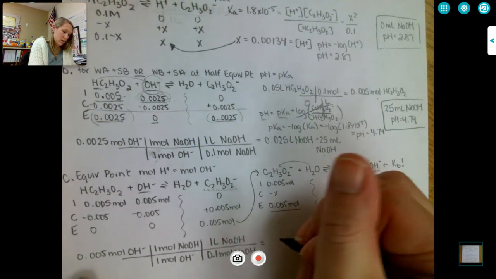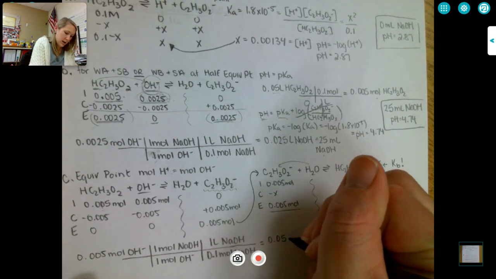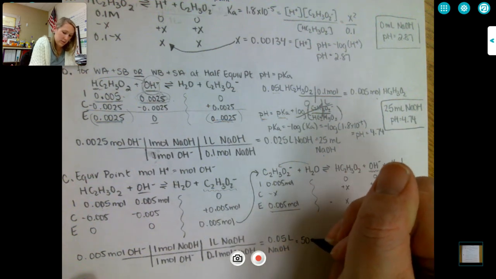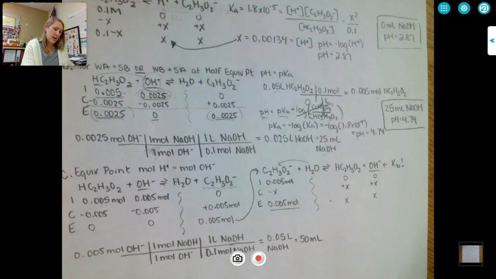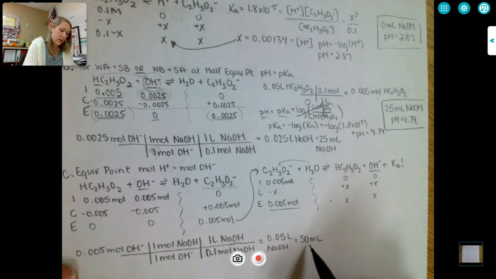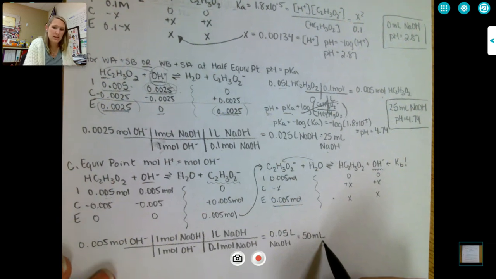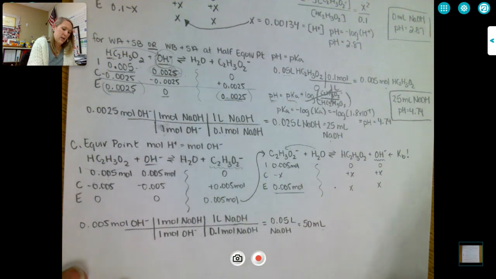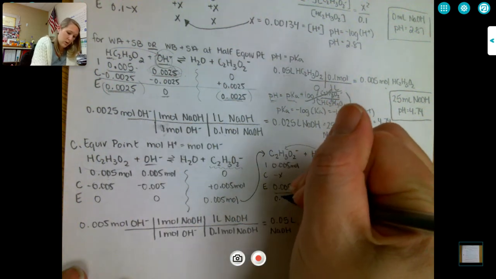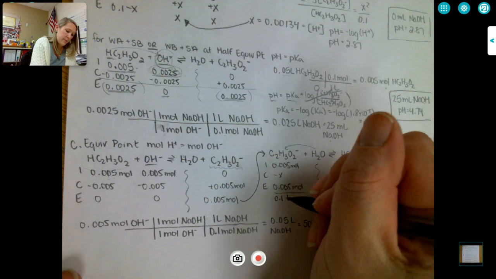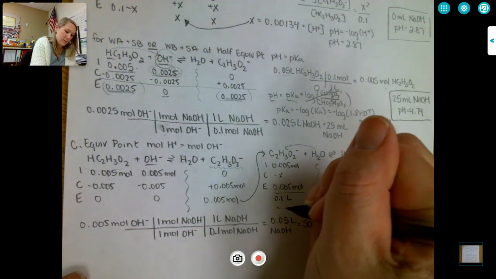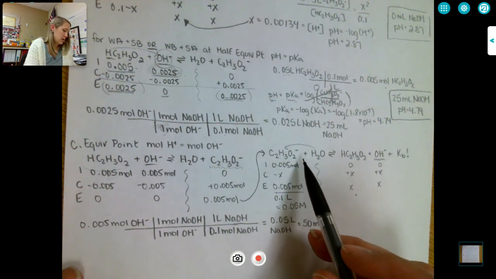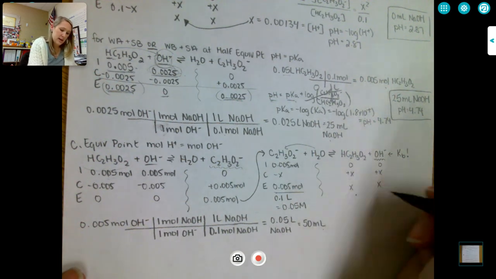So, I have 0.05 liters sodium hydroxide, which is 50 mils, have been added. All right, so I have 50 mils of sodium hydroxide plus my original 50 mils of my acetic acid. That gives me 100 mils, so that's 0.1 liters. So 0.005 moles divided by 0.1 gives me a 0.05 molar solution here, and that's x and x.